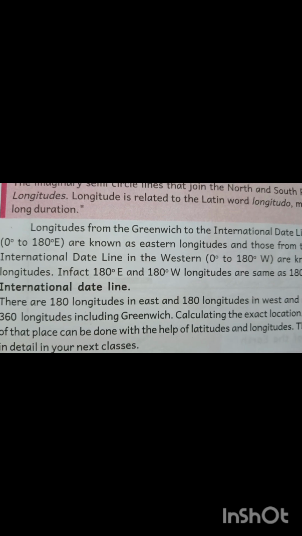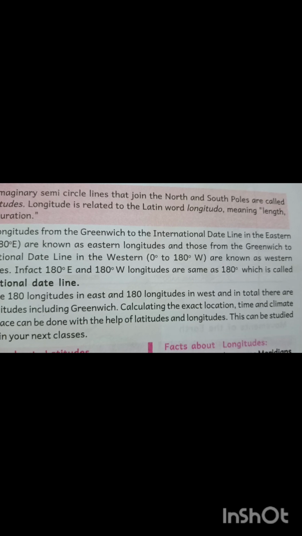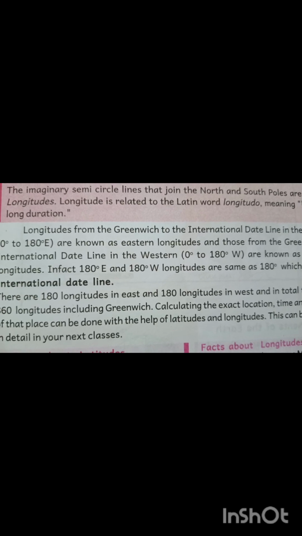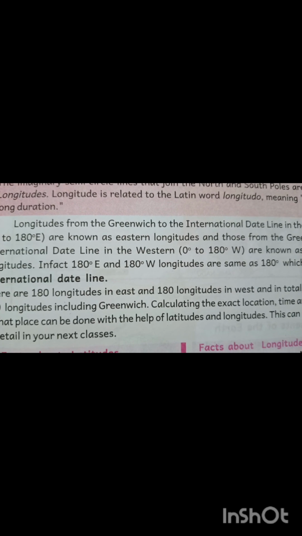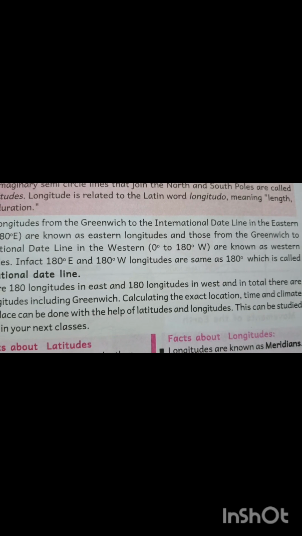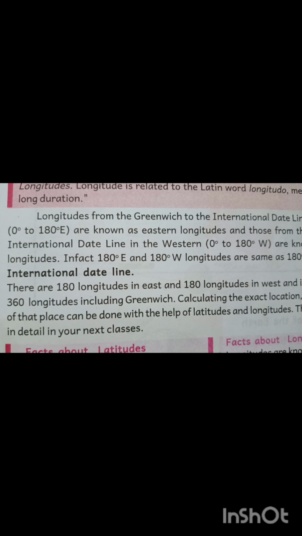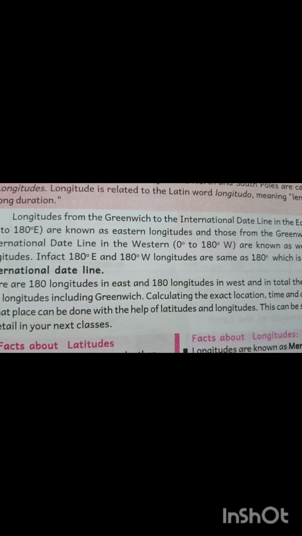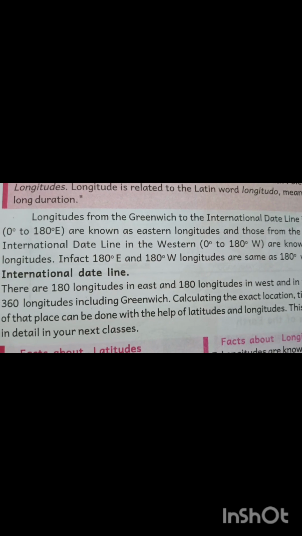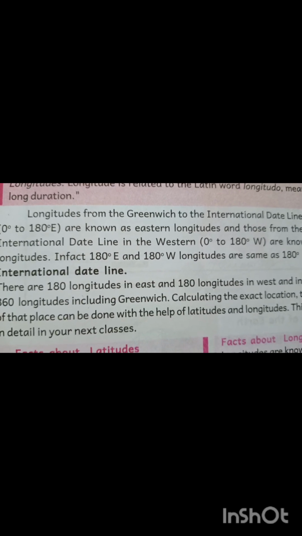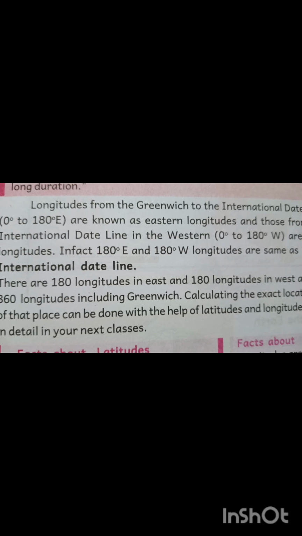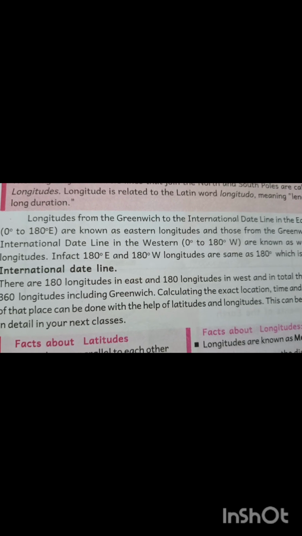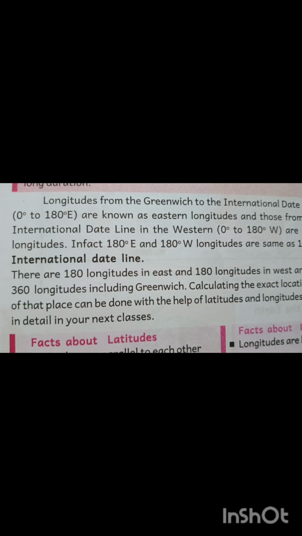Longitudes from the Greenwich to the international date line in the east, 0 degrees to 180 degrees, are known as eastern longitudes, and those from the Greenwich to the international date line in the west, 0 degrees to 180 degrees west, are known as western longitudes.